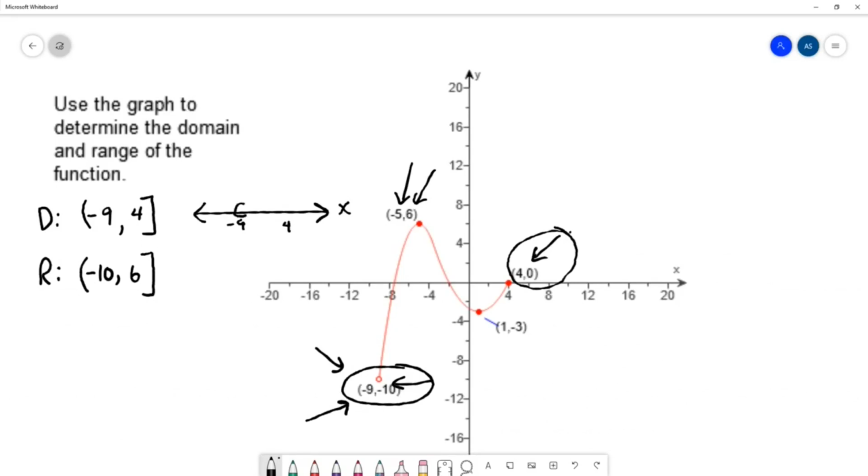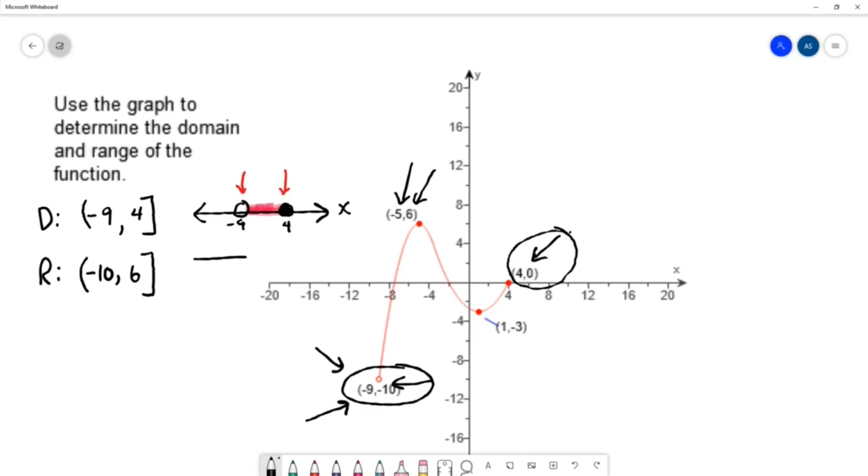We're not including -9, we are including 4, and we're going to shade the values between these. So this interval notation doesn't just represent the two numbers that we've written down, it's all of the numbers between those two. And when we use the parentheses and the brackets, it tells us whether we're including the endpoints or not.